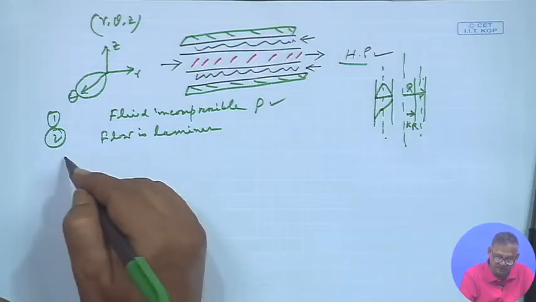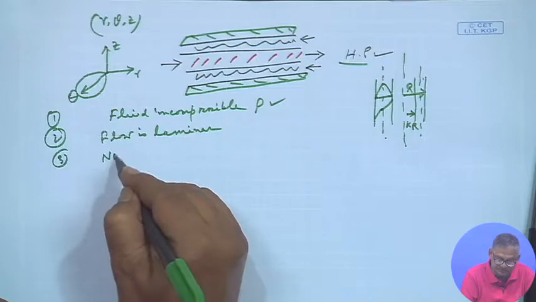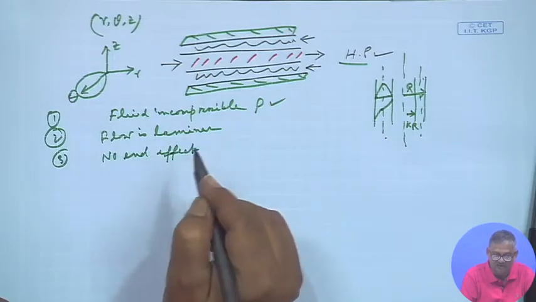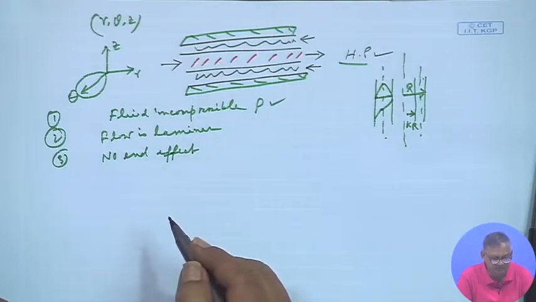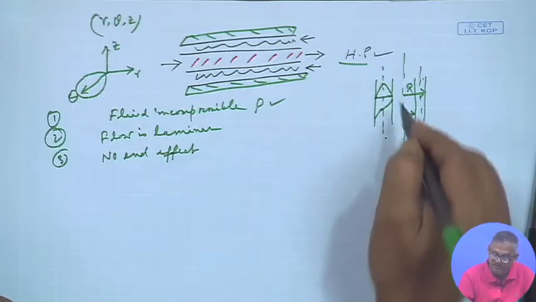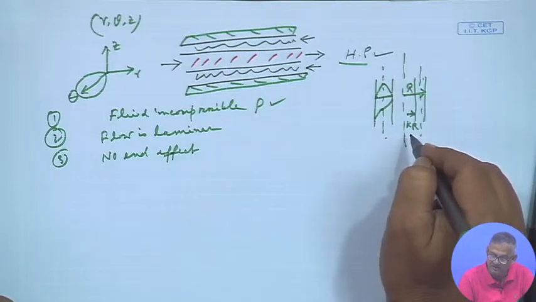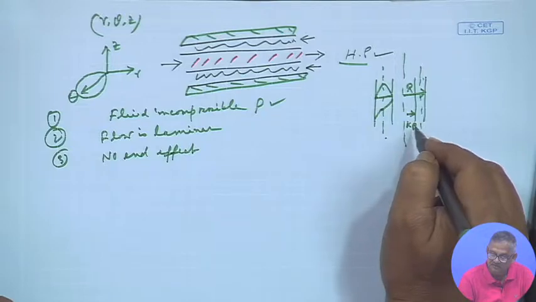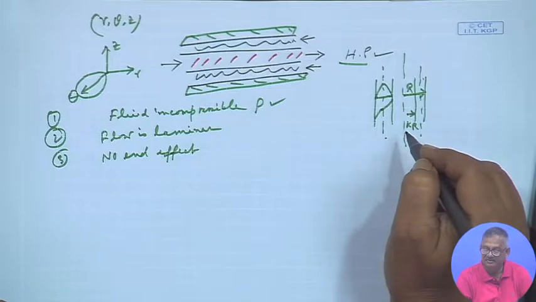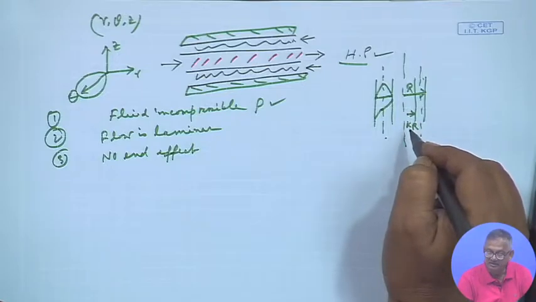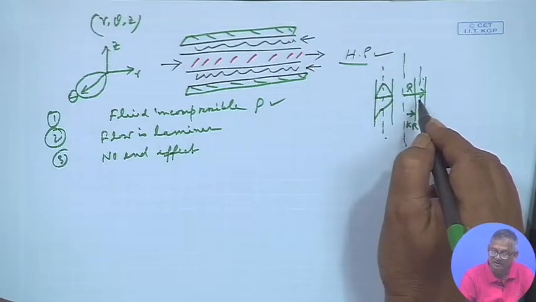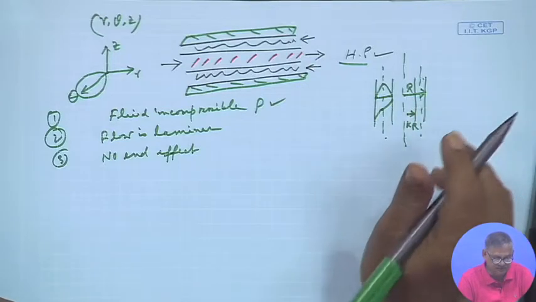Then there is no end effect, and the fluid is flowing between two vertical coaxial cylinders with a laminar flow, and the vertical cylinders' radii are kR and R, inner and outer radii respectively.